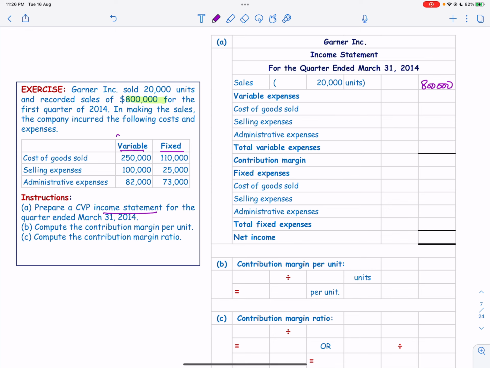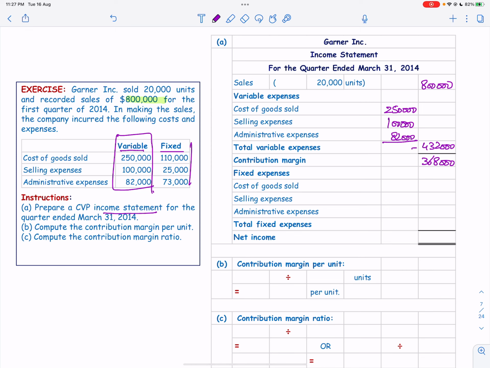Then we have the variable expenses: 250,000, 100, and 82. So the total variable expenses are 432,000, and sales minus variable expenses will give us the contribution margin of 368,000.